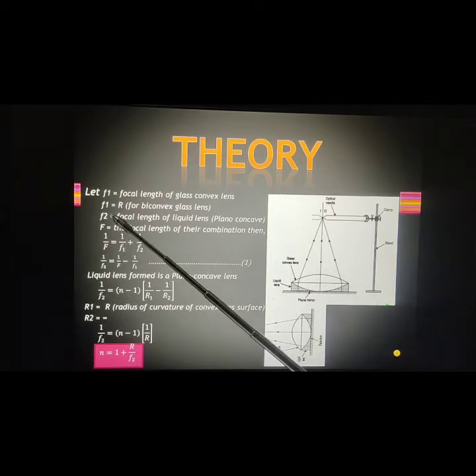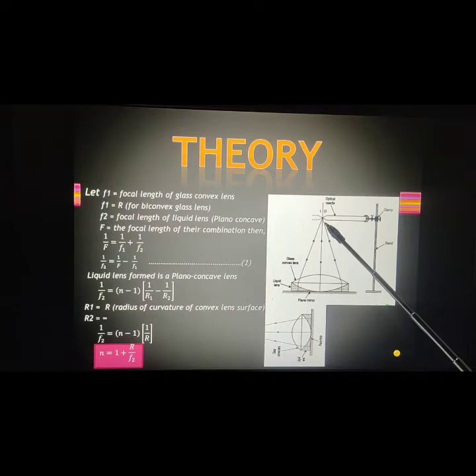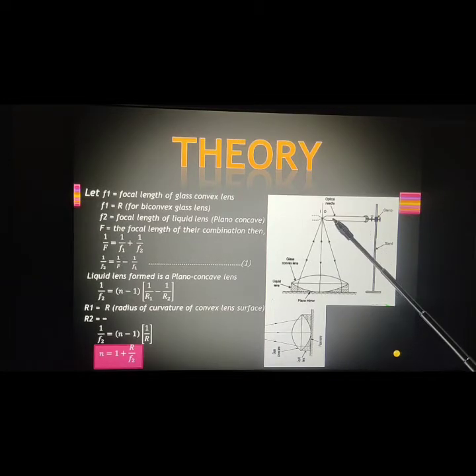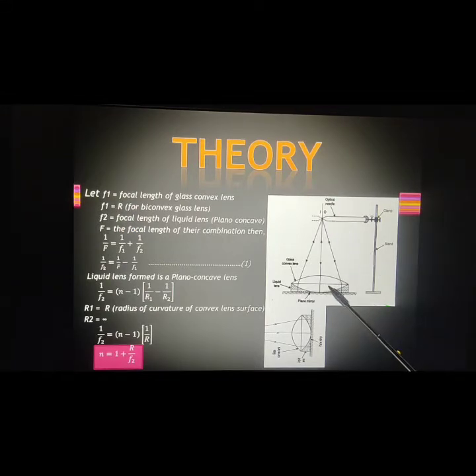So f1, we will be using f1. How do we determine f1? We take an object here, this is the needle, and we need to adjust the distance of this object from the lens till we get an image coinciding with the object.